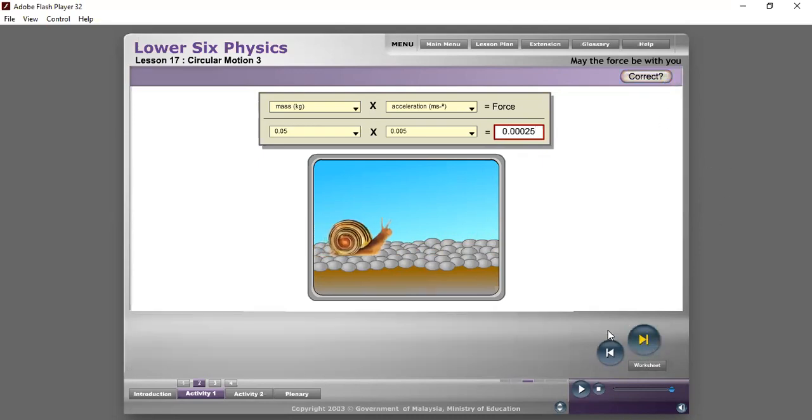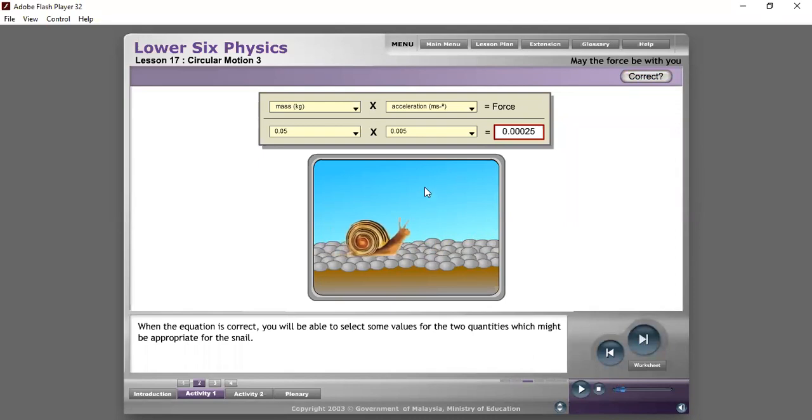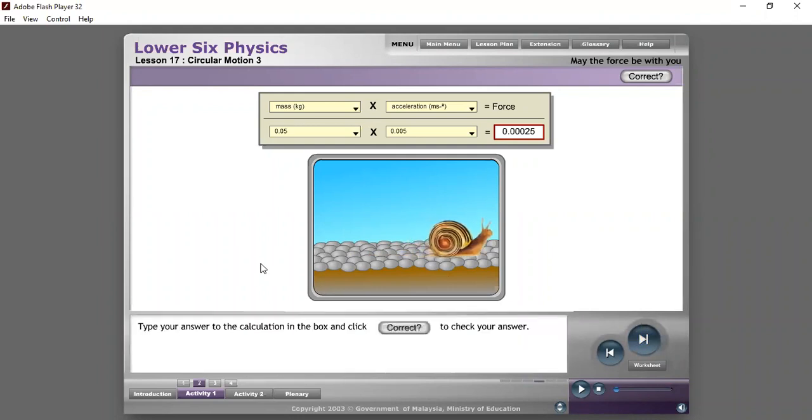Yes. When the equation is correct, you will be able to select some values for the two quantities which might be appropriate for the snail. Type your calculation in the box and click the check button to check your answer.